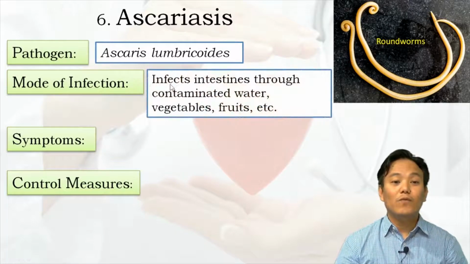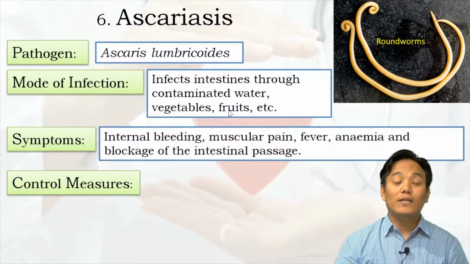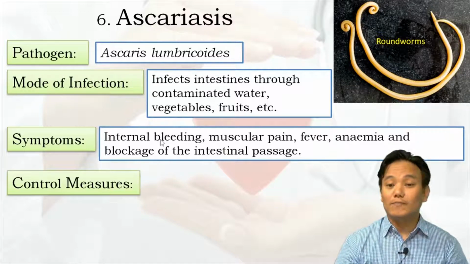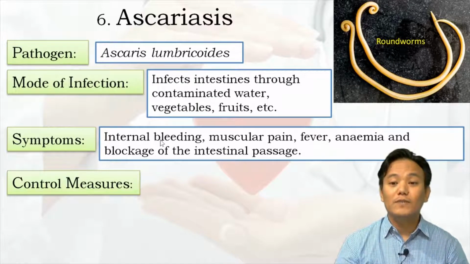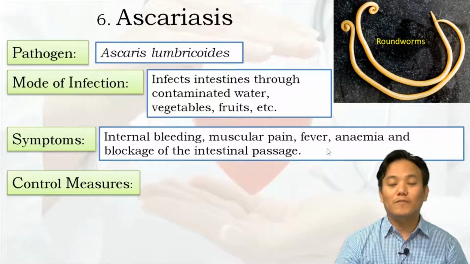This worm infects the intestines through contaminated food and water, and when it enters, it causes infection. The symptoms include internal bleeding, muscular pain, fever, anemia, and blockage of the intestinal passage.